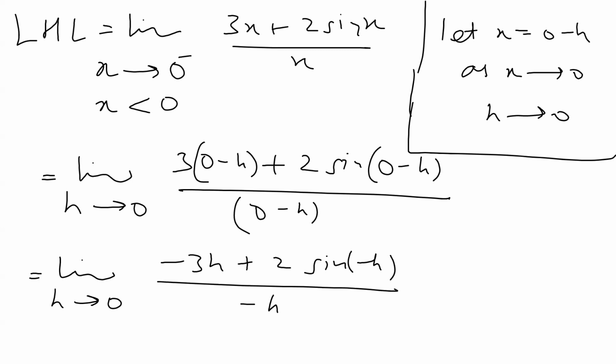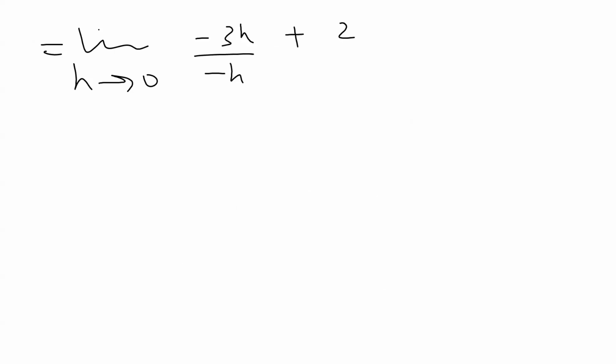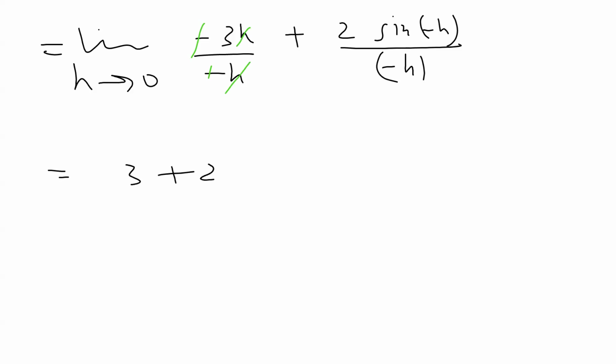Now you split this with the numerator, a plus b upon c. Limit h approaching 0, minus 3h upon minus h, plus 2 sine of minus h upon minus h. So minus minus is gone, h is gone. We are left with 3 over here plus 2.